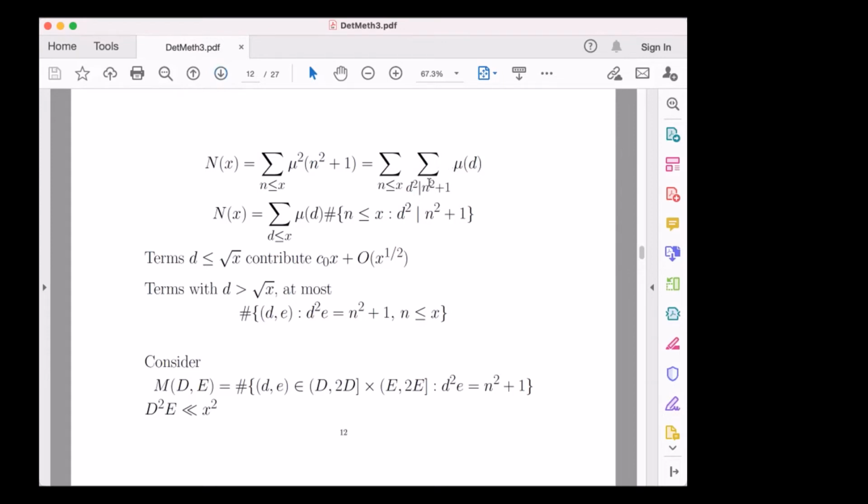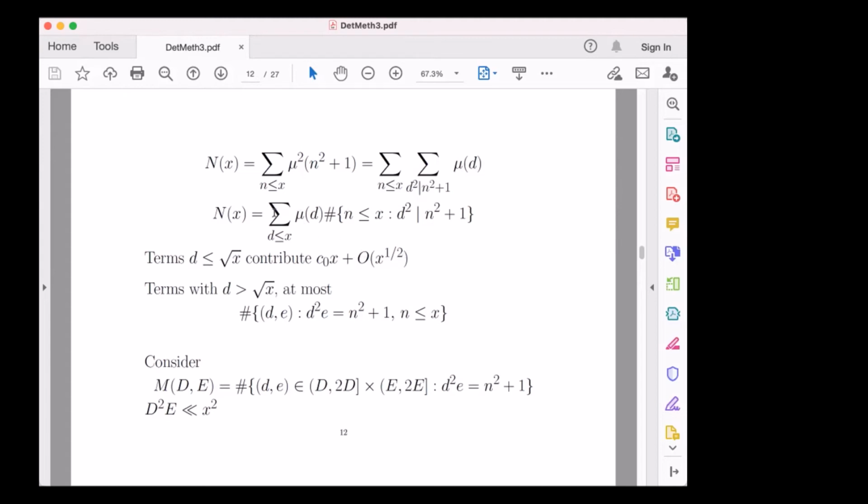This will pick out the values of n squared plus 1 that are square free. And we can rearrange this by putting the d summation first. So d here will run up to x, and we will have mu d, and then the number of n's for which d squared divides n squared plus 1. And then one can show rather easily that the terms up to square root x contribute the leading term that we had before and a small error.